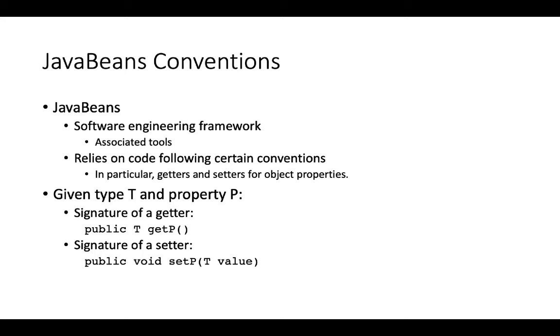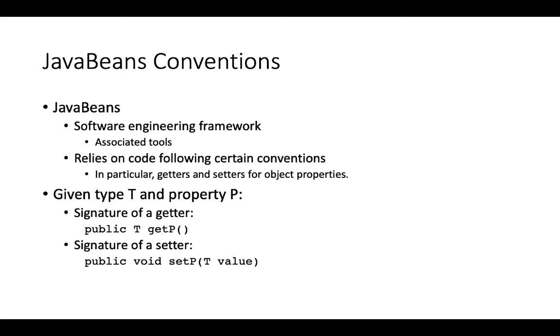Okay? All right, so the Java Beans conventions for how to write getters and setters for properties of your object look like this. If you have some property P of type T, then the getter for that property should have the following declaration: public, because this is something we're trying to expose. We want people to use the getter in order to get this value.